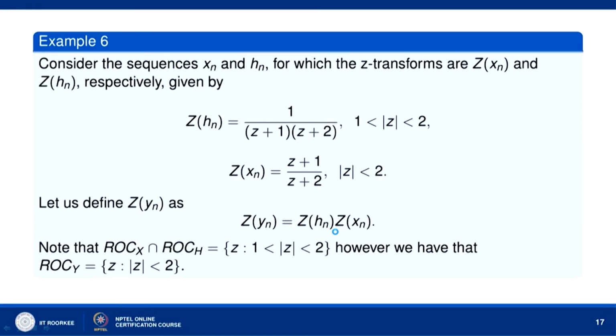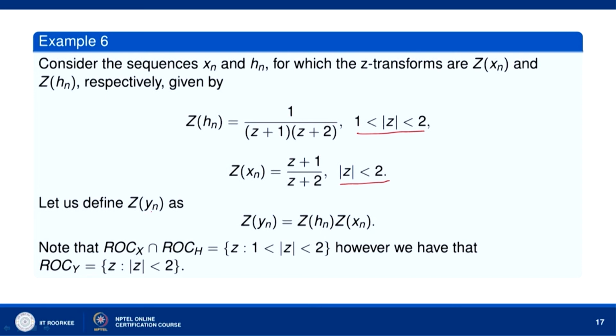Now, consider the sequences x[n] and h[n] for which the Z transforms are Zx and Zh respectively. Zh is 1 over (z plus 1)(z plus 2), and the region of convergence is 1 less than mod z less than 2. Zx is (z plus 1) over (z plus 2), and the region of convergence is mod z less than 2.